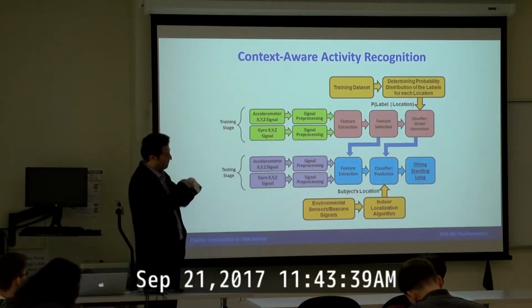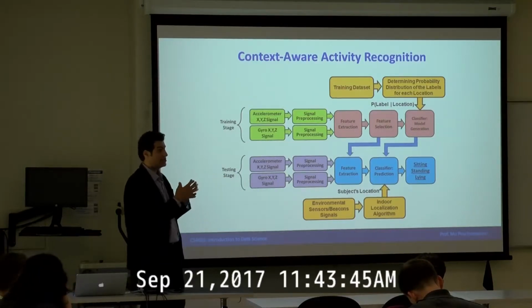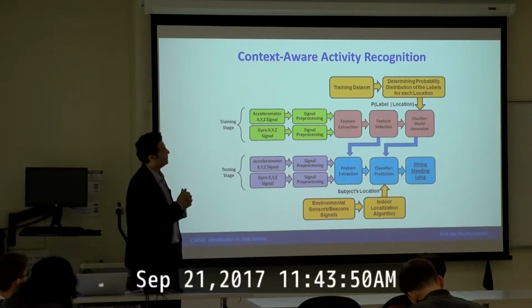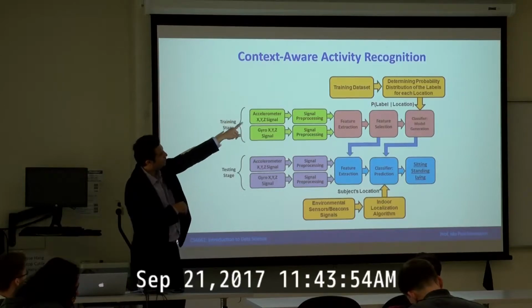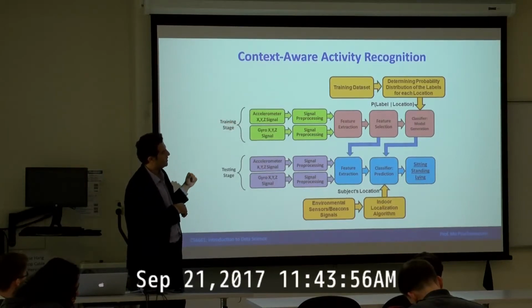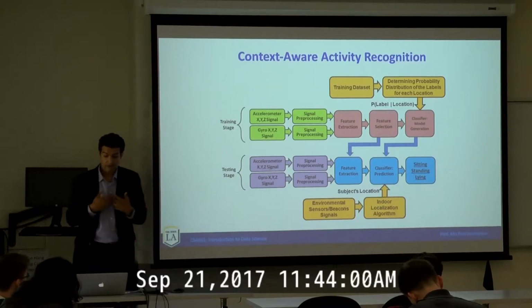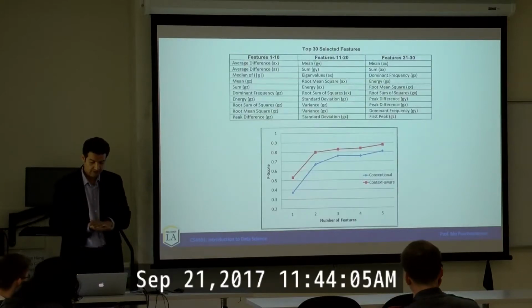Then we have a probability distribution that tells us the probability of each label based on the location. We did the same thing for time of the day, and then take that information into consideration when we make predictions. It significantly improved the accuracy of activity recognition for us.